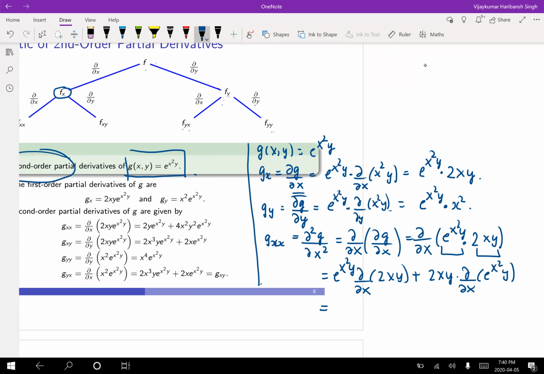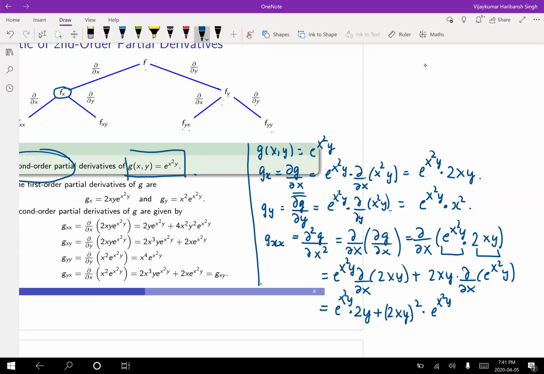Now this is going to be e to the x square y. What is the derivative of 2xy with respect to x? It is going to be 2y, plus 2xy. What is the derivative of e to the x square y? Well, this we have already computed right here. So let's just plug that here. So we get this square, e to the power x square.